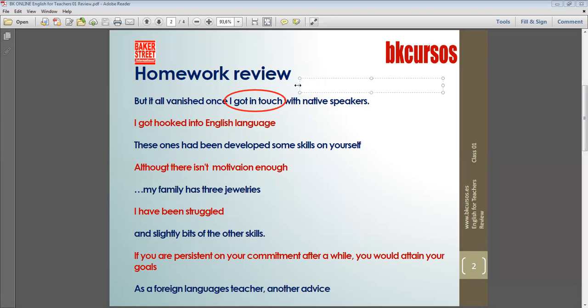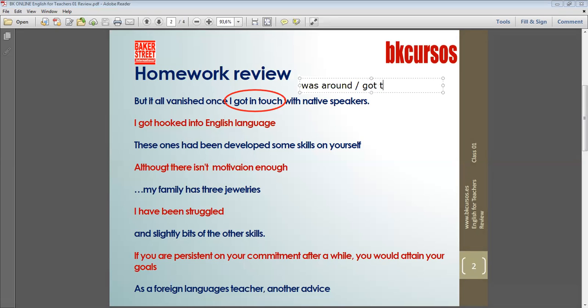Once I was around. Yeah, once I was around, that would be good, grammatically, and also the meaning. Any other possibility to say that we started to have this contact? Get to know.